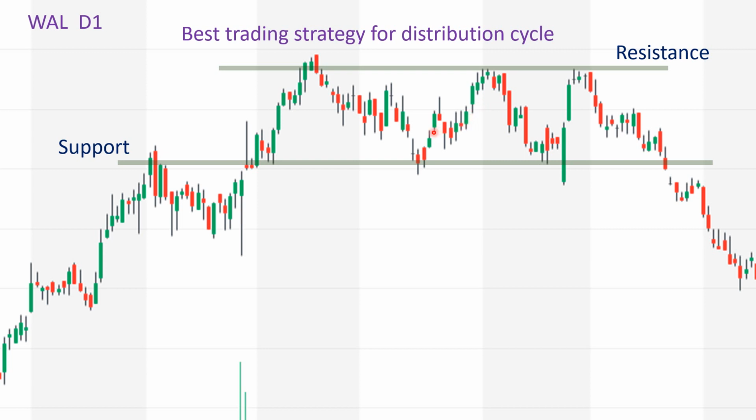But I'm not saying it's wrong if you exit the market. Since the original trend is upward and you do not know whether this is really a distribution until it finishes, the best choice is to enter the market. So this is the way you trade a distribution cycle.